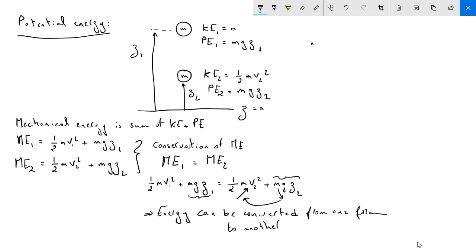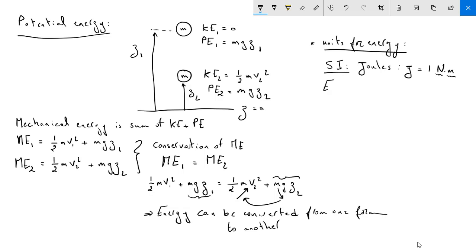The units for energy in the SI system is the joule and has the symbol J. So 1 J is equal to 1 Newton meter. It's a force times a distance.